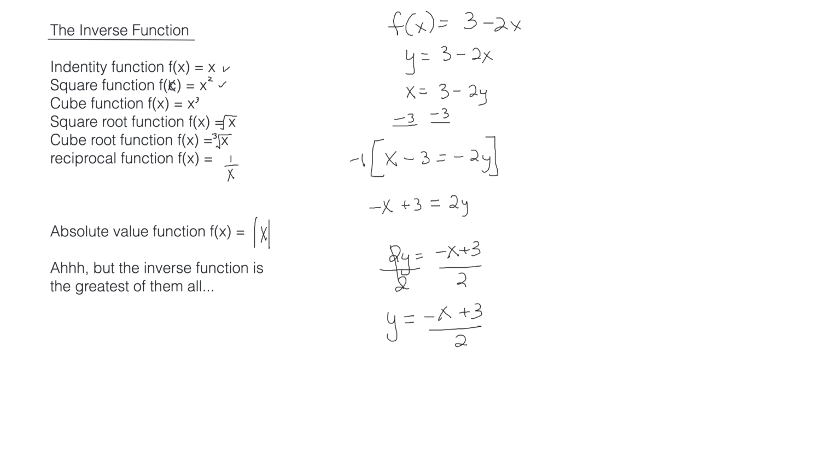I'm going to substitute, take out the minus, and put x minus 3 over 2. I don't think you have to do that, but it just looks a little cleaner. So my inverse function is minus x minus 3 over 2.